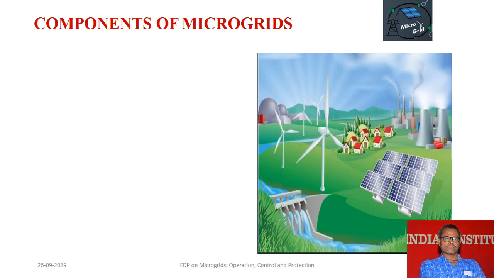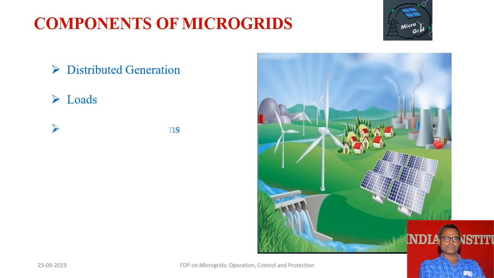Recently in the northern grid they have put a very huge storage system, around 100 megawatt, just to reduce the oscillation and maintain the stability in the system. So storage plays an important role.